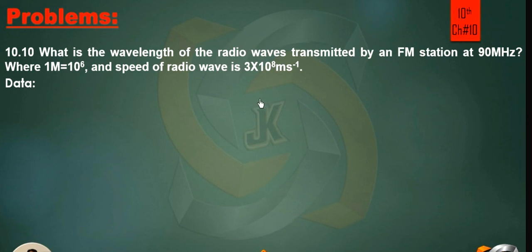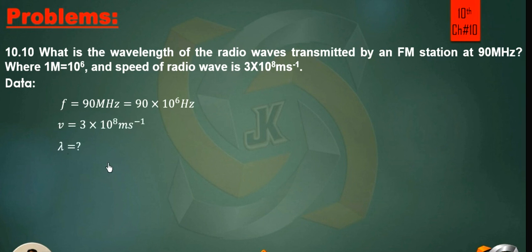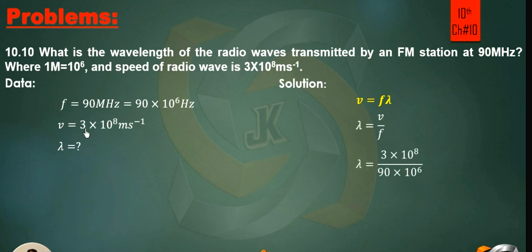Students, remember that the numerical values are given in scientific notation, so you will use a calculator. Frequency is 90 megahertz, that is 90 into 10 to the power 6 hertz. Velocity or speed is 3 into 10 to the power 8 meter per second. Now we have to calculate wavelength. Wave speed equals frequency into wavelength, so wavelength equals wave speed over frequency.